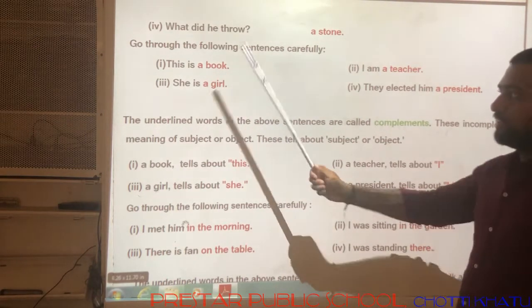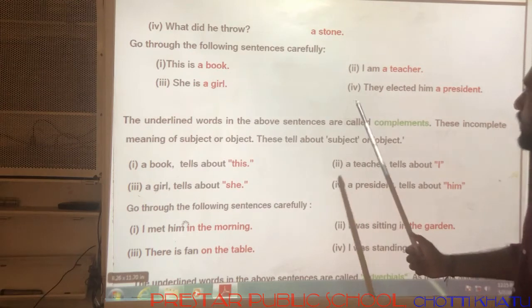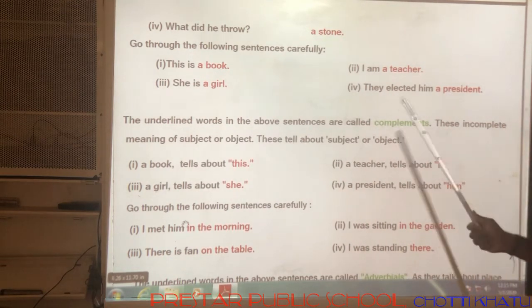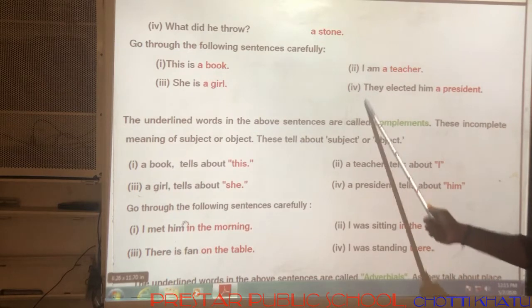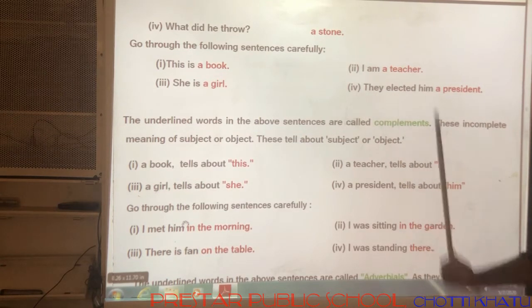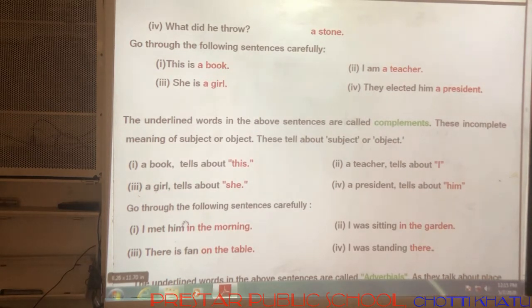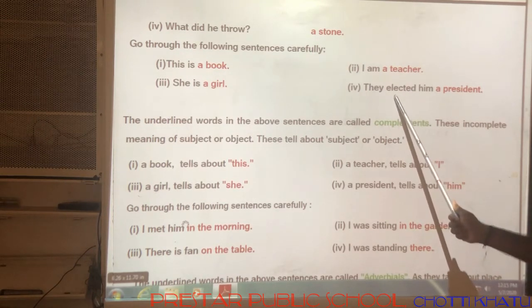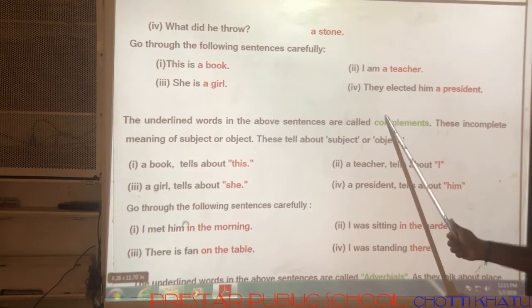Okay. See, for example, look at this sentence: they elected him a president. Here, who is doing the work? "They" is doing the work. So, this is called the subject. And what is the work going on? "Elected." Okay. This is a verb, meaning action refers to the verb.